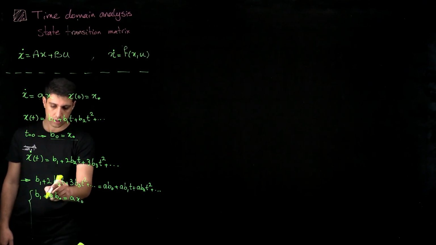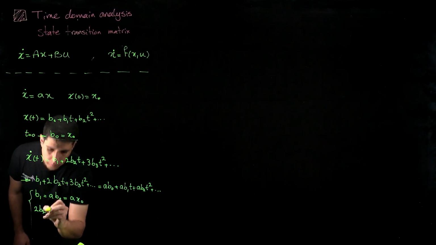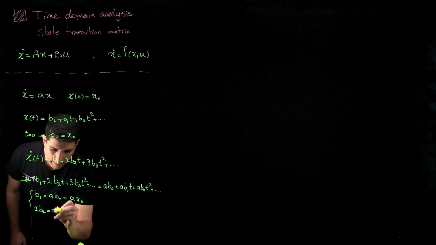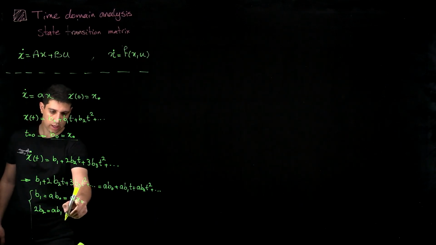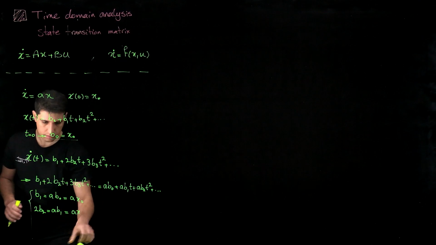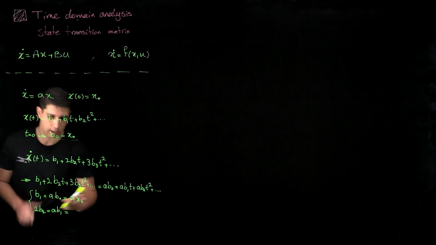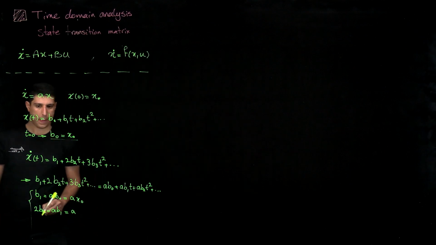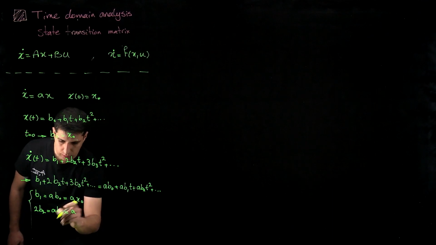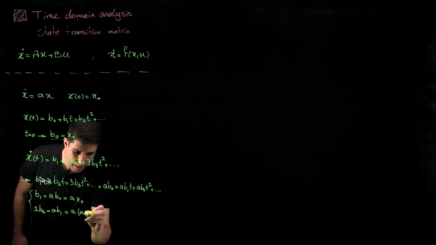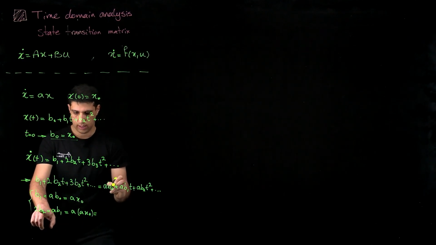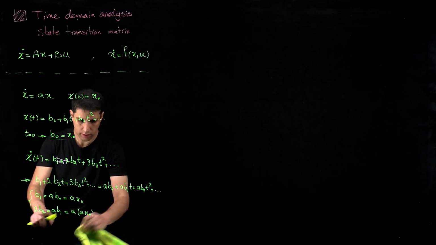Next one is 2 b2 equals a b1, which I just calculated. a b1 is a squared x naught.